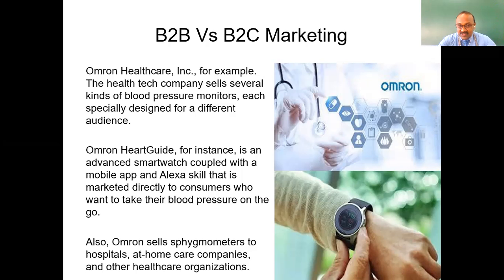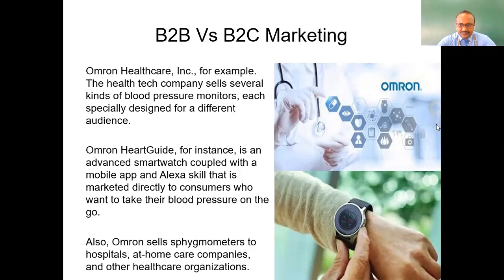It is directly sold to consumers, and it has these advanced features where it's connected to a mobile app, and it's got these Alexa features where if your blood pressure is shooting up, you get a beep or a signal that tells you to monitor your blood pressure or take some medication accordingly.